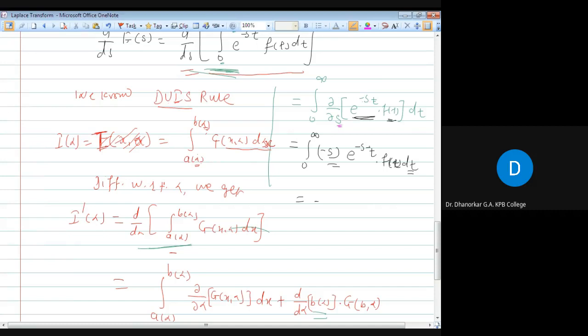We have to find the derivative with respect to s. Therefore this is minus t. I will take the minus sign outside, and I will write this term as minus integration 0 to infinity e raised to power minus st, and in this bracket I will write t into f of t.